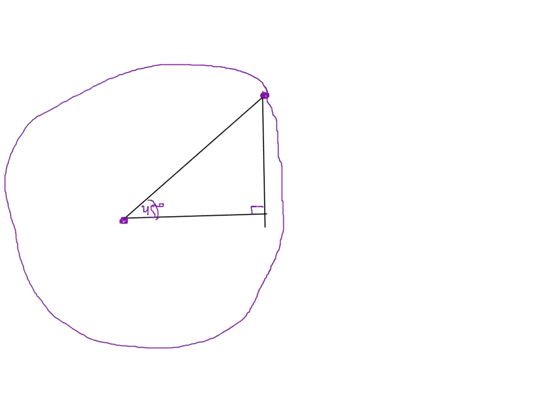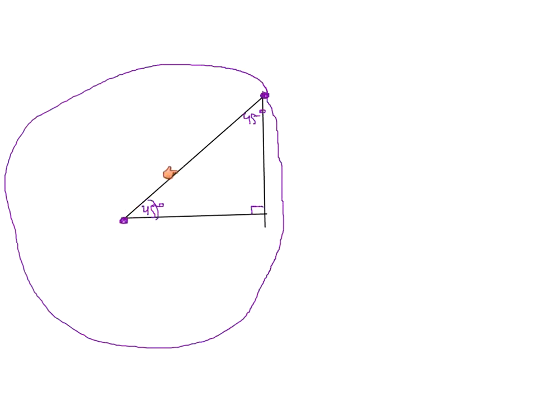When one's 45, we know that the other one's 45. You're exactly right. So this is a 45, 45, 90-degree triangle. What do we know about the hypotenuse? Can anybody type that in for me?